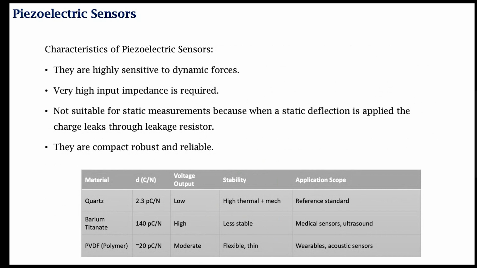So different materials are to be used for different applications. Usually quartz is considered the reference standard. Barium titanate is usually used in ultrasound measurement. And PVDF is used in wearable systems and acoustic sensors.